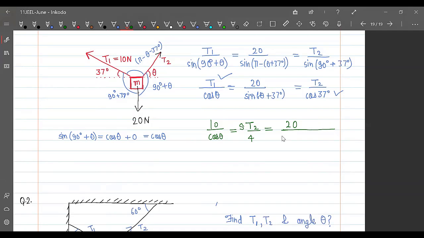So that is sine A cos B, that is sine theta into cos 37, so 4 by 5 sine theta plus 3 by 5 cos theta.